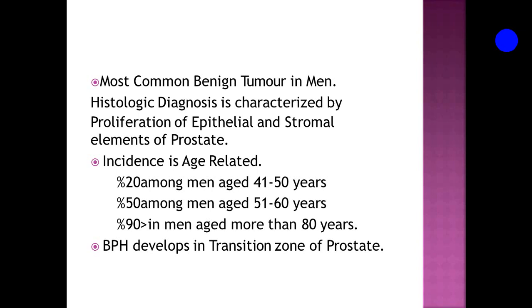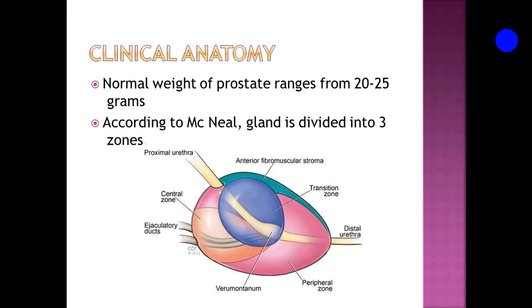Incidence is age-related: about 20% among men aged 41 to 50 years, 50% among men aged 51 to 60 years, and 90% and above in men aged more than 80 years. Benign prostatic hyperplasia develops in the transition zone of the prostate.